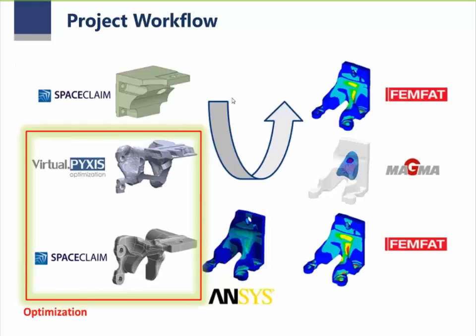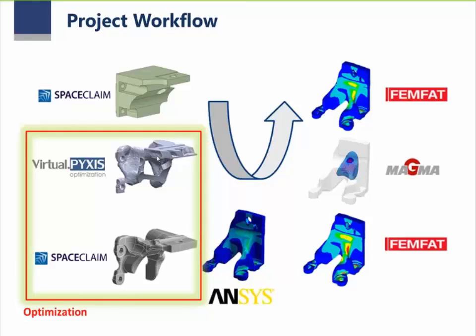So the first step, or I mean the second step of this project workflow, was going back after we got the result of the simulation. We also generated this new design based on the new design that we got from Virtual.PYXIS during the optimization.